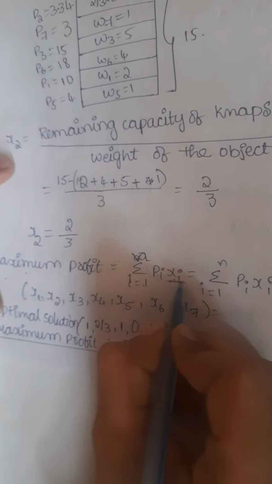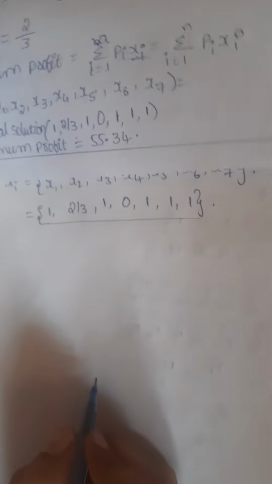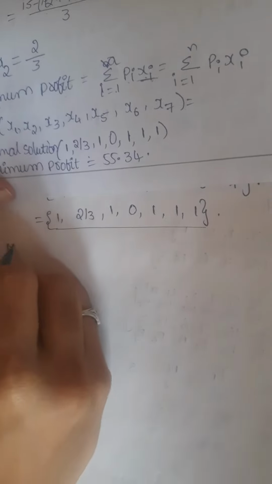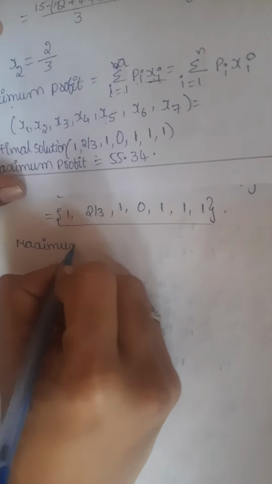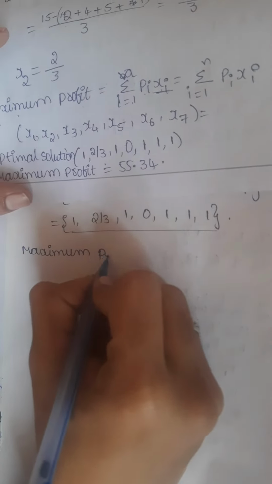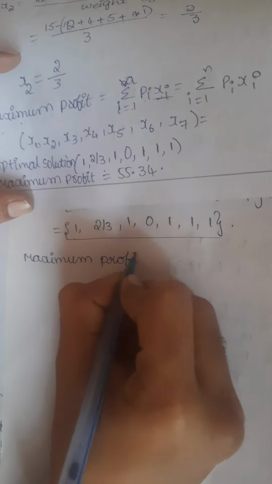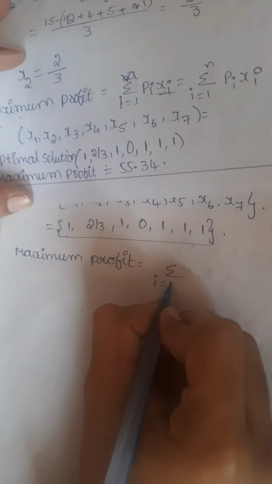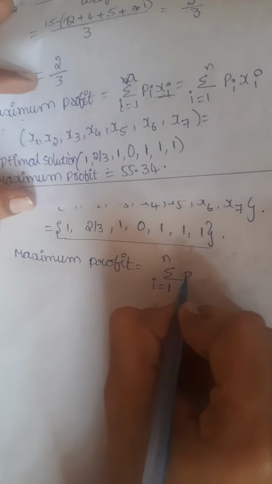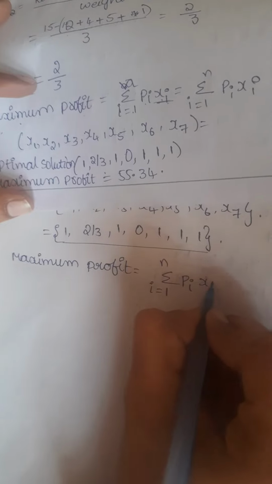Now we know the xi values, right? So the maximum profit for the given bag is summation of i equal to 1 to n, pi into xi.